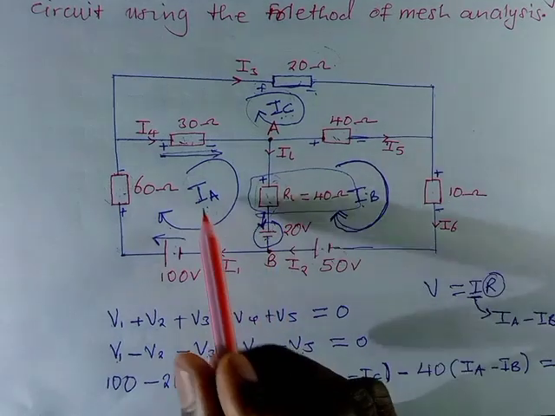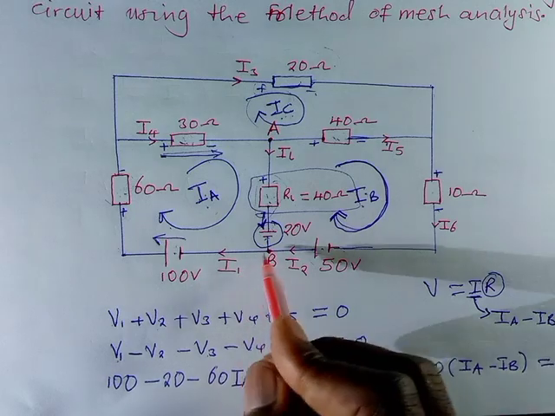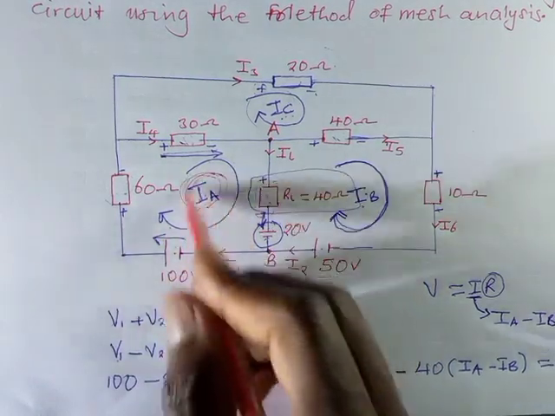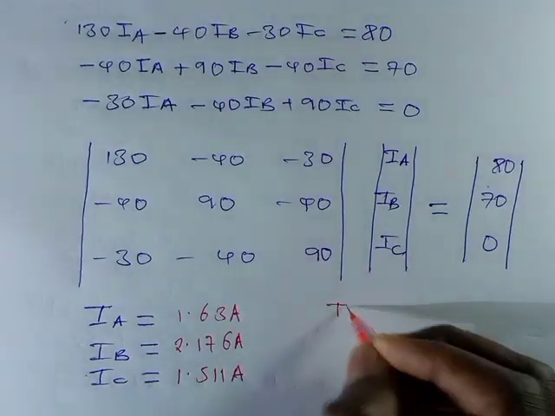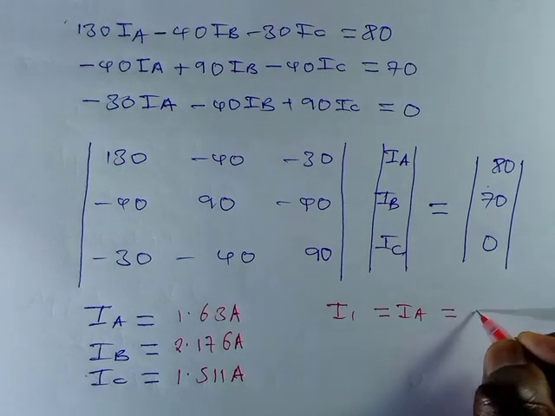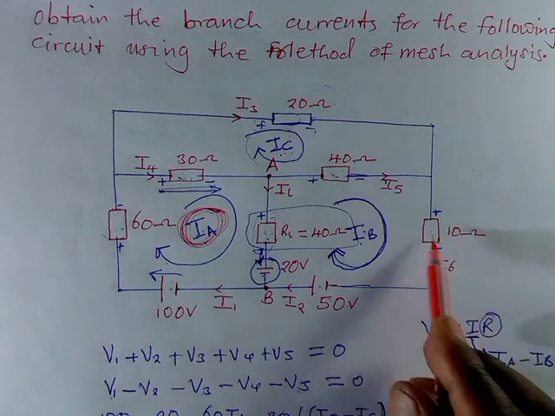So in this case, IA and I1 are moving in the same direction, I1 is the one which is equal to IA. So to simplify that, you say I1 is equal to IA, which is equal to 1.63 amps. You get that? You come to I6.